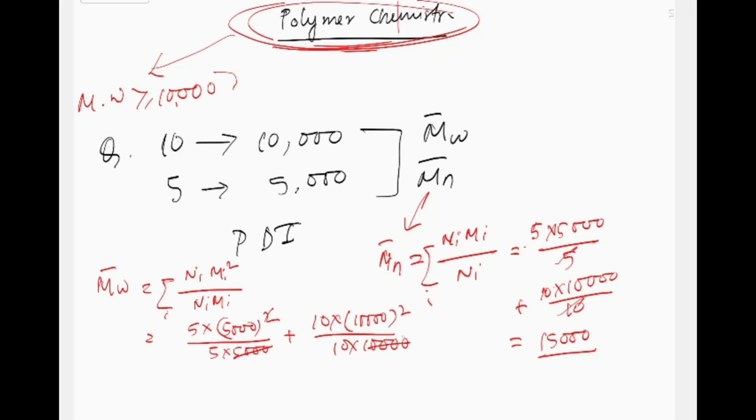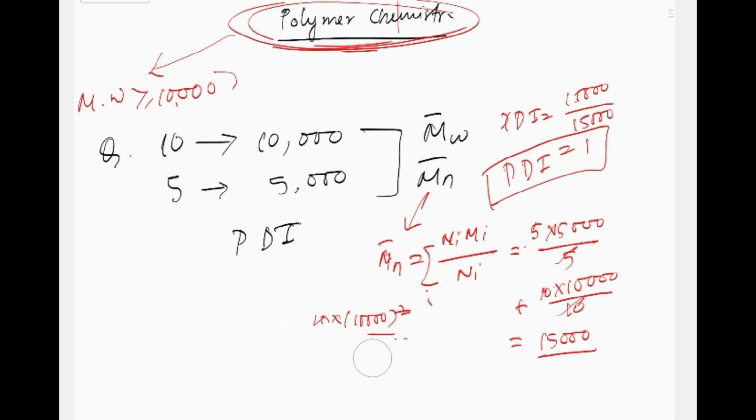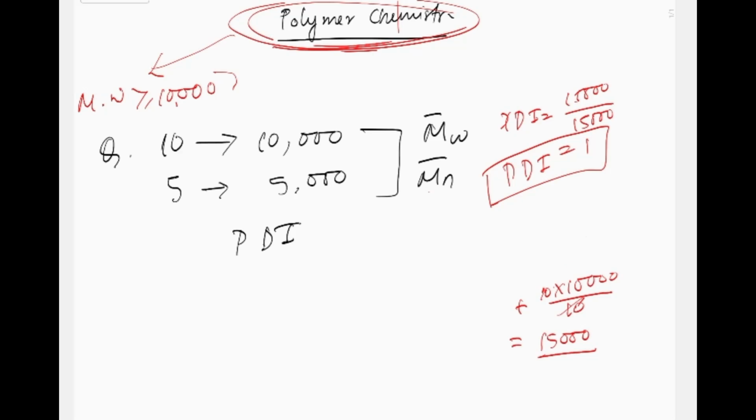So 5,000 cancels, 10,000 cancels, and 10 and 5 cancel. So this gives us 15,000 again, right? So from here we can calculate the PDI as 15,000 by 15,000. So this gives us 1. So PDI here is 1. This was a very simple question and you got a very simple answer.